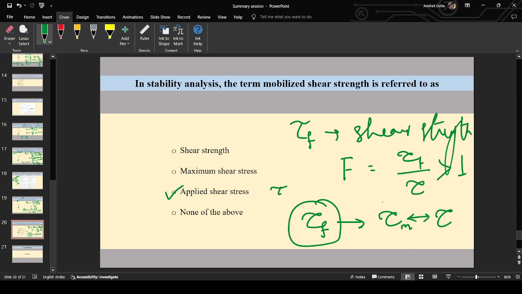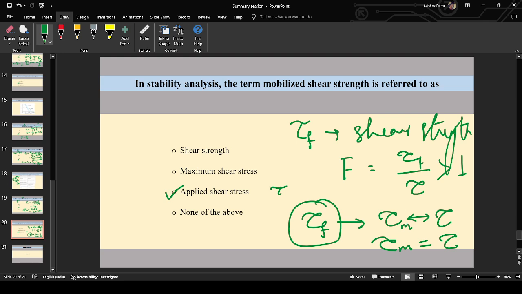Now since the mobilized shear strength is used to resist the applied shear stress tau, obviously the mobilized shear strength will be equal to the applied shear stress. So the mobilized shear strength is nothing but the applied shear stress. Okay, I hope the concept is clear.